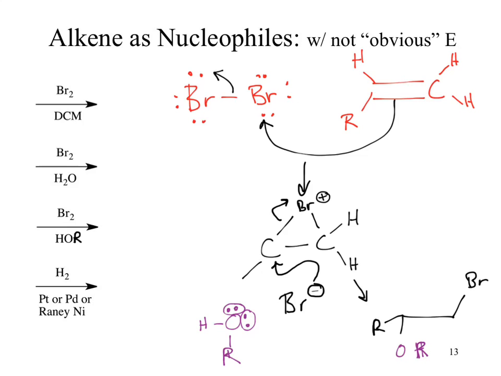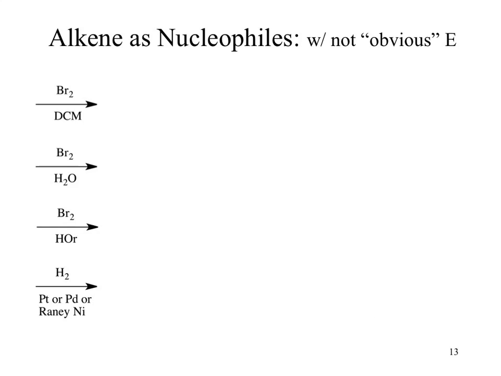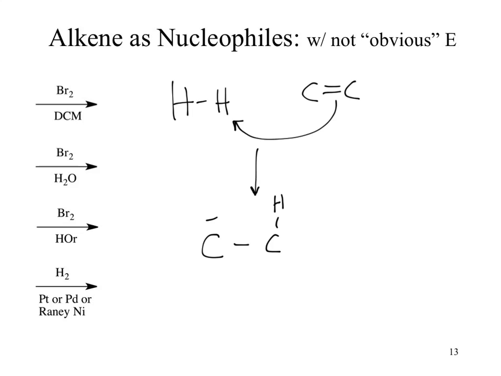Bromine was really large, mercury was very large, so that they could kind of lean in and stabilize that positive charge. If we go through and take a look at that last reaction with hydrogen, what's the problem? If we just attempted this, we'd end up with this as an intermediate, and that hydrogen atom is so small it can't really lean in to stabilize the positive charge.